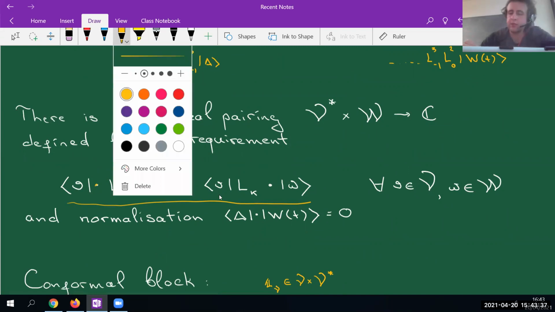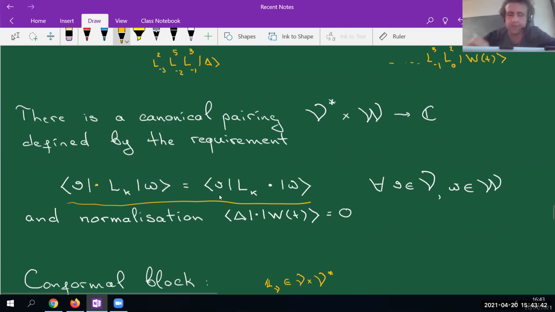So let me just show you an example. Suppose we take a Whittaker vector W of t. We put here some generators, so we take some vector from the Whittaker module. And we want to compute the pairing of this vector, the scalar product of this vector, with some vector from here.